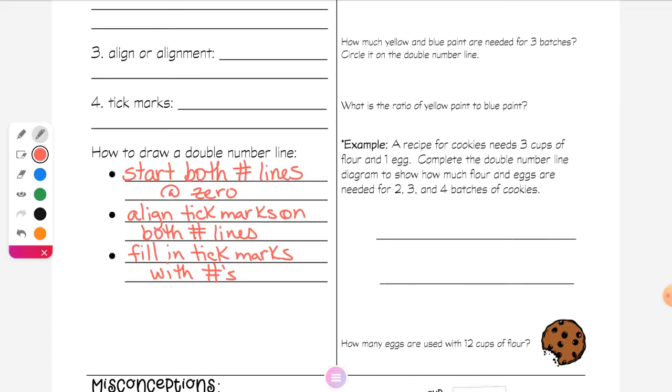But we start both number lines at 0. We align tick marks on both of the number lines and then fill in the tick marks with numbers. Seems easy, right? And by doing this, we're actually creating equivalent ratios. So be thinking about equivalent ratios while we're doing this. It's just another way to show our work for the harder problems when we get there. Does everybody have that? Elise, you good? Okay.